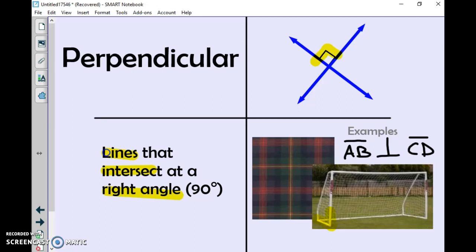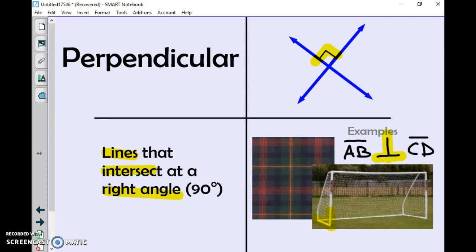Very important. If you look at the examples right here, there's a symbol. It looks like an upside down T. That means something is perpendicular. It makes a right angle. Okay? So anytime you see a perpendicular sign, you know that it's going to be 90 degrees.